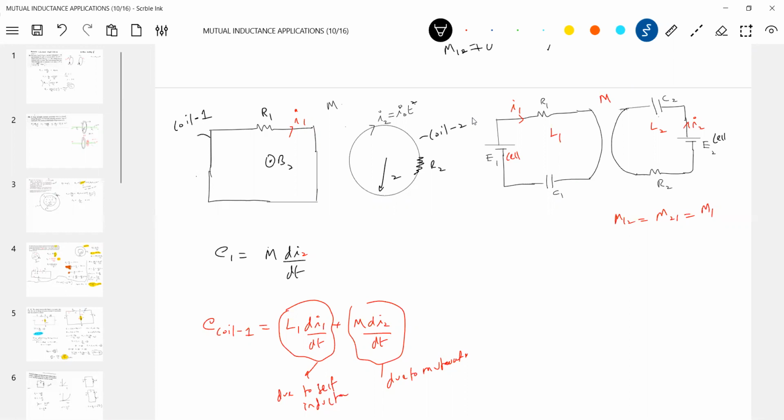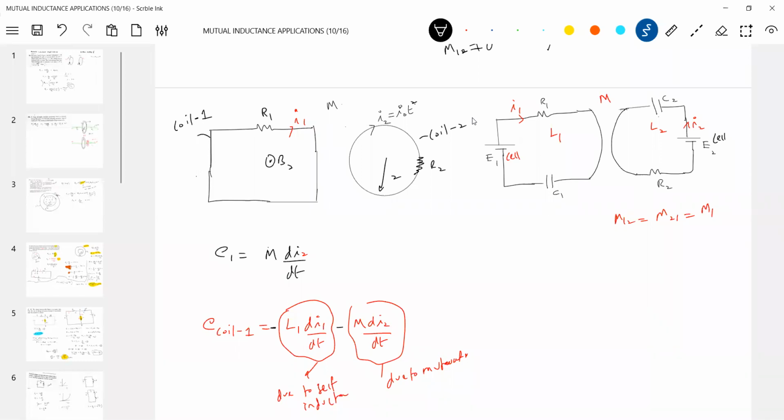Cell E1, then I1 should flow, then mutual inductance. There should be a source of EMF due to the varying current, because this loop has self-inductance. So where is L1? I need not show it. The loop itself will have self-inductance, and because of two loops nearby, there will be mutual inductance.